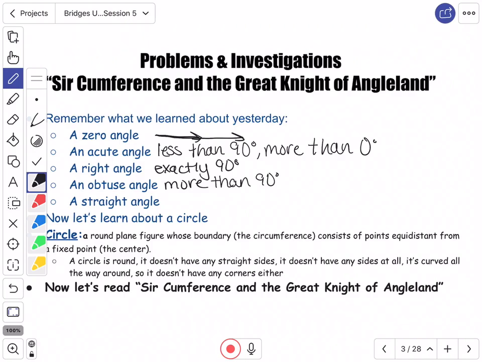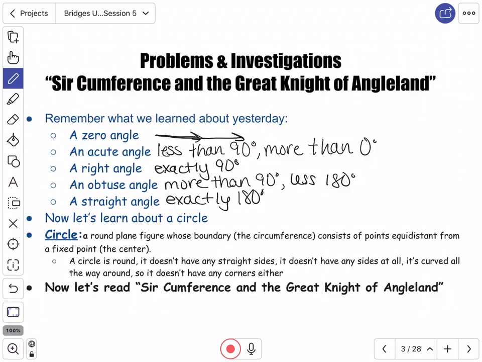A right angle is exactly 90 degrees. An obtuse angle is more than 90, but it's less than 180 degrees. And a straight angle is exactly 180 degrees.